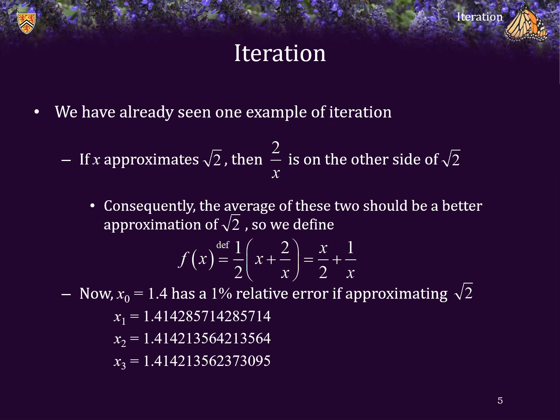In fact, after only 3 iterations, we have all 16 significant digits correct. And if we apply f to x3, the result is unchanged. So it seems that if we are using double precision floating point numbers, this has converged to a single value after only 3 iterations.